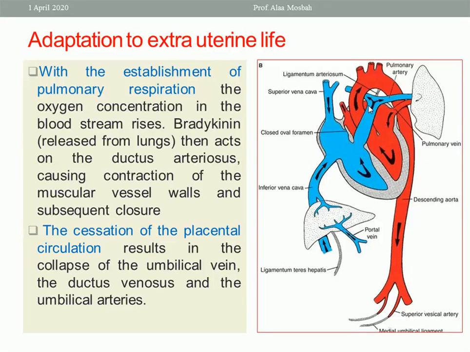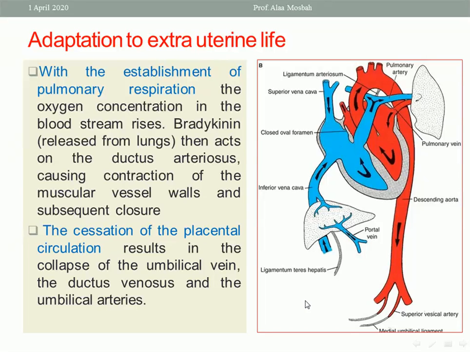The cessation of the placental circulation results in collapse of the umbilical vein, the ductus venosus, and the umbilical arteries. The umbilical vein will become the ligamentum teres, okay, and the ductus venosus will become the ligamentum venosum, and the umbilical arteries will become the medial umbilical ligaments in their distal part.